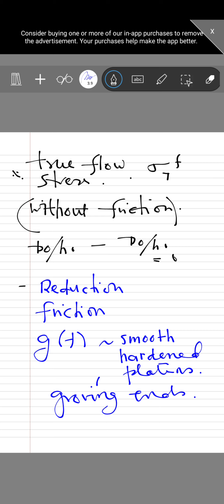This is interesting, so grooved ends. The reason for having grooved ends is that these grooves can hold the lubricants for a longer time.